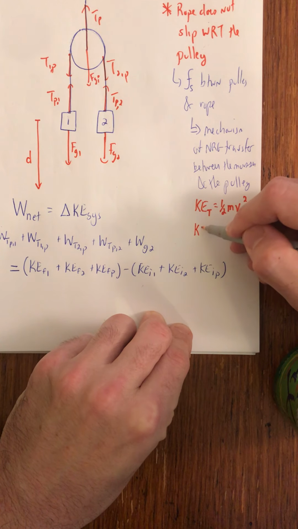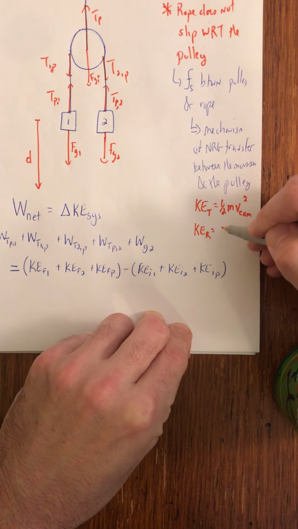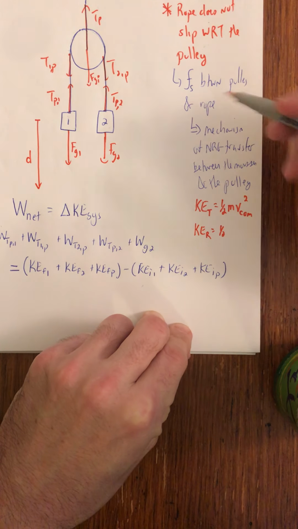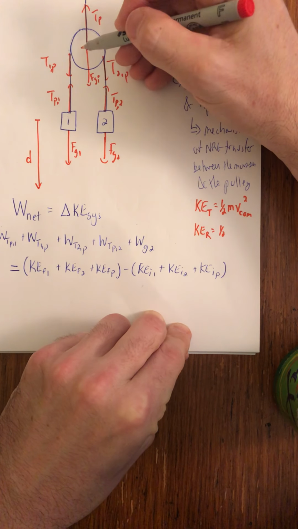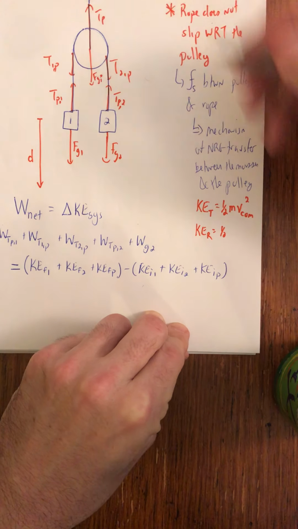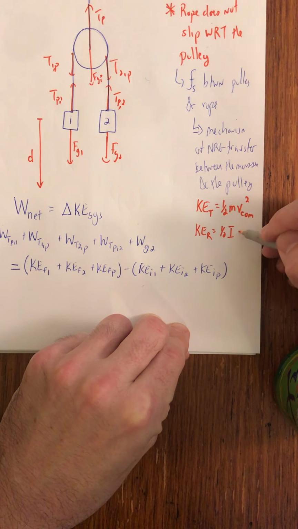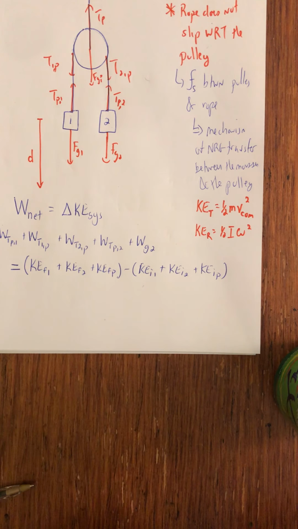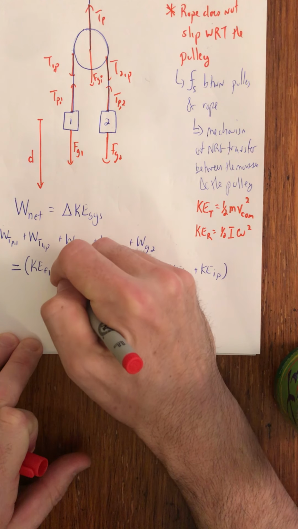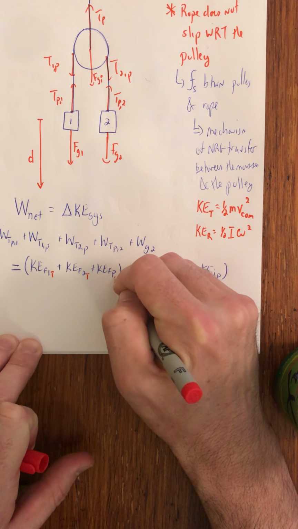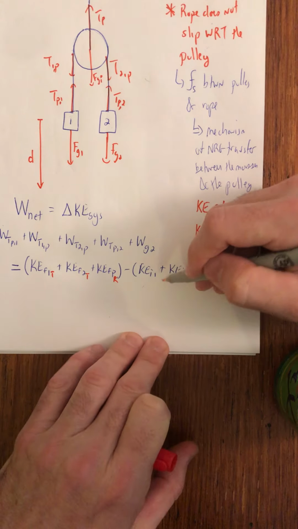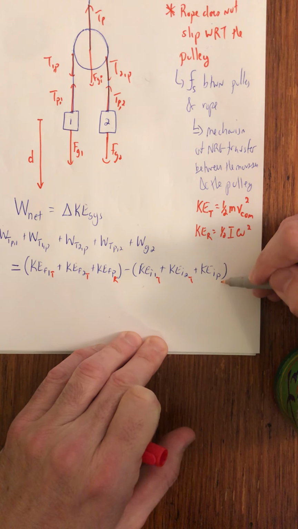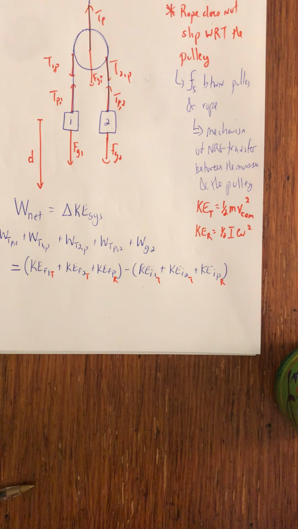But to talk about the rotation of an object, we showed that I could talk about it holistically, rather than each individual point on this pulley, by using 1/2 I omega squared. That's the rotational kinetic energy. So down here, that's translational, that's translational, that's rotational, this would be translational, this would be translational, and this would be rotational.